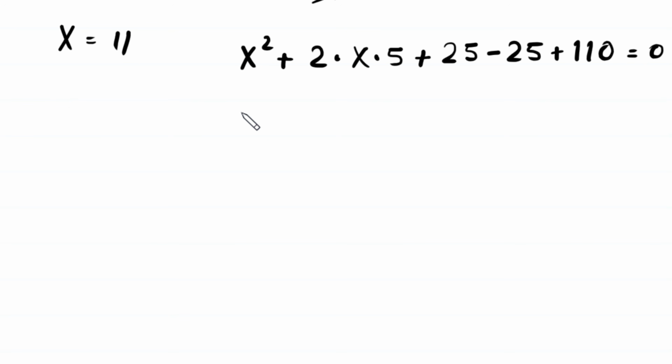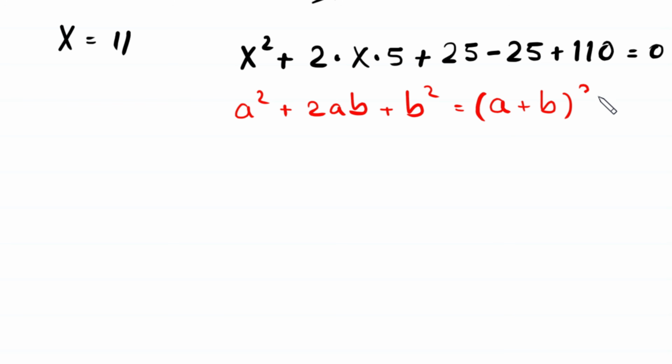By using this algebraic identity, a^2 + 2ab + b^2 = (a + b)^2, this x^2 + 2 times x times 5 + 25 will become (x + 5)^2.